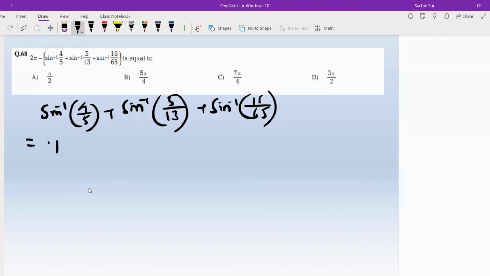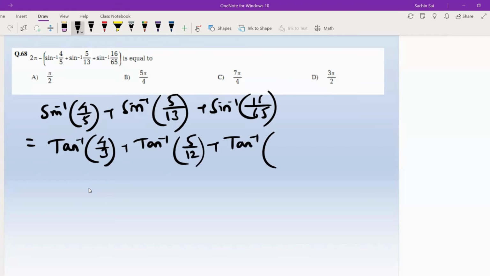This can be written as tan inverse 4 by 3 plus tan inverse 5 by 12 plus tan inverse 16 by, so what will this be? Okay, let's calculate that.